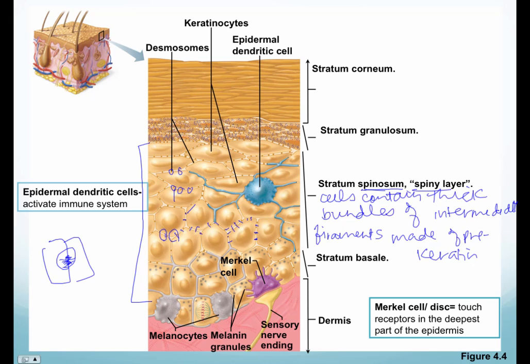Now the next layer we have is the stratum granulosum. This is going to be cells that are flattened because a lot of the organelles inside the cell are going to be deteriorating as they are getting pushed away from our blood nutrient source. So cells are flattened, the organelles are deteriorating, and then finally, a lot of the cytoplasm of these cells is going to be full of keratin granules.